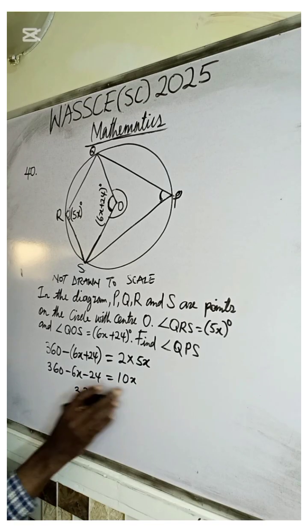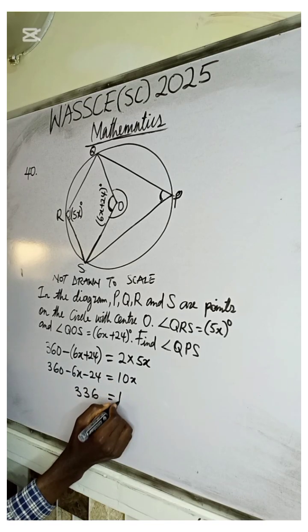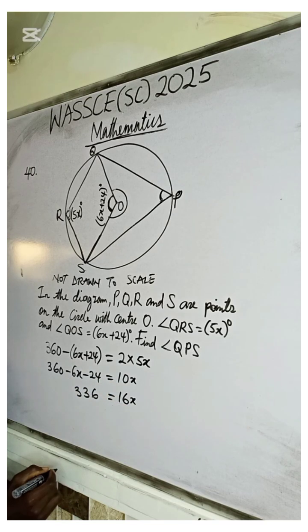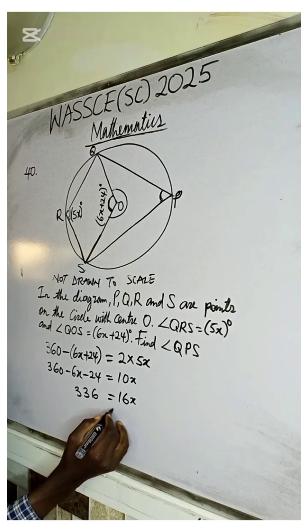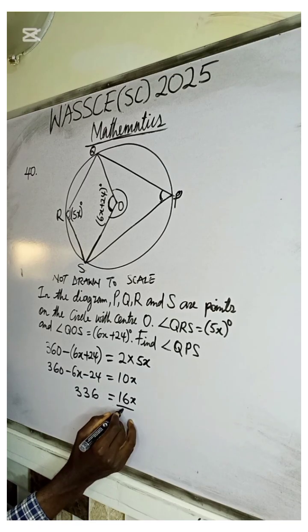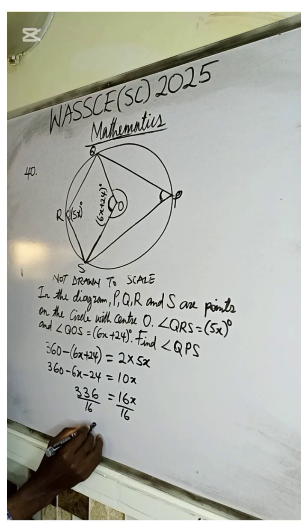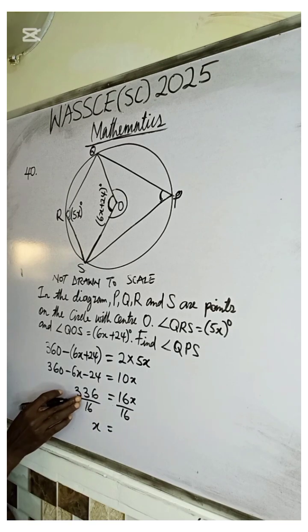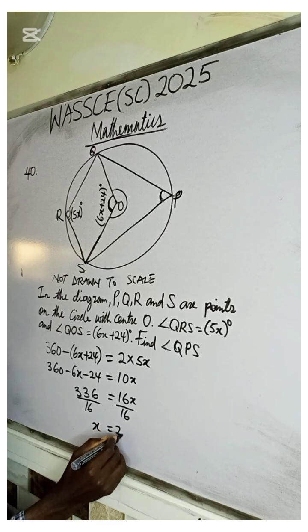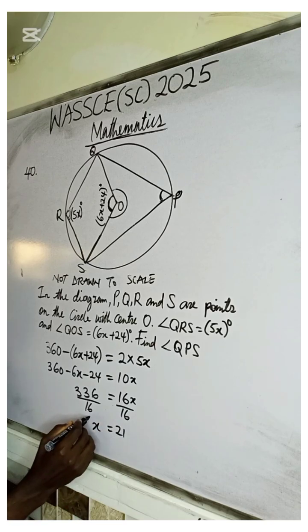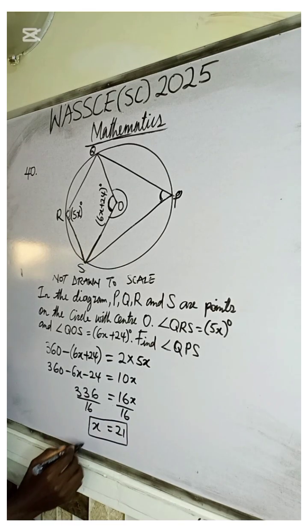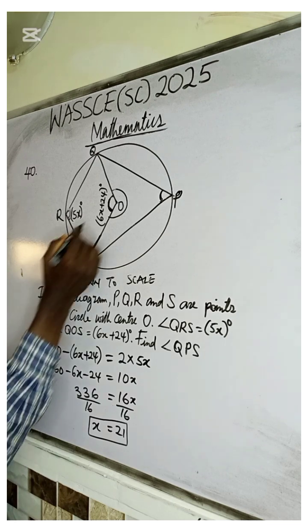So 10x plus 6x gives 16x. We divide both sides by the coefficient of x, which is 16. 16 can go into 336 21 times. So we have the value of x as 21.